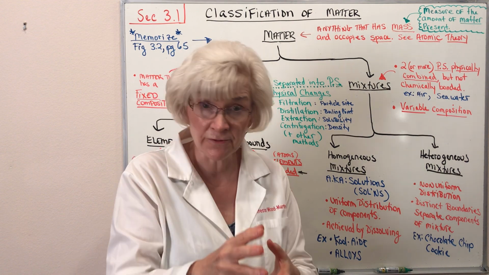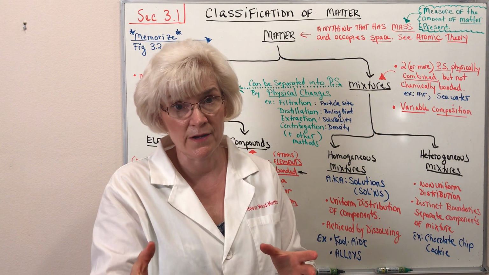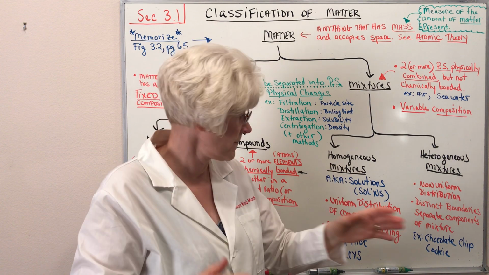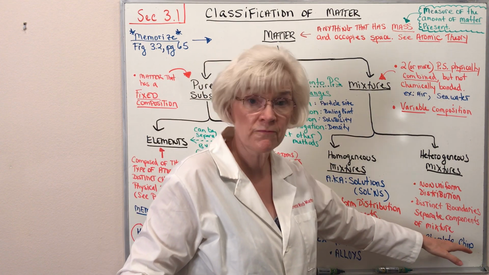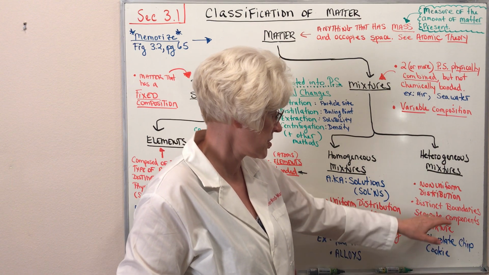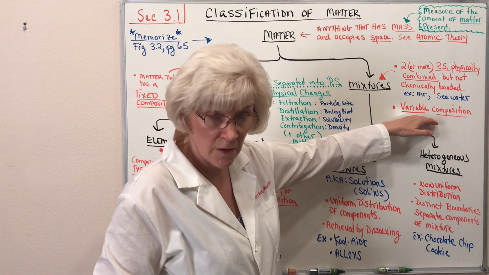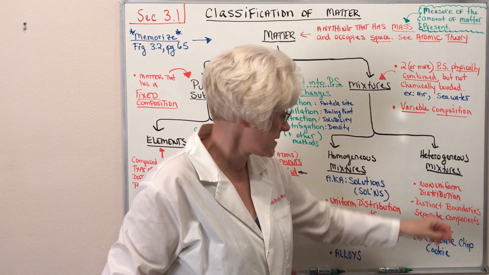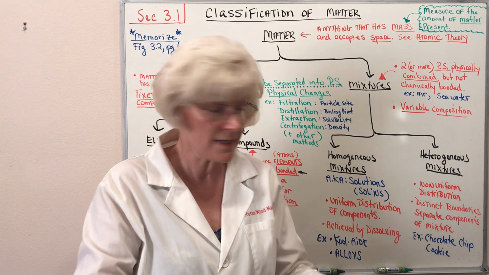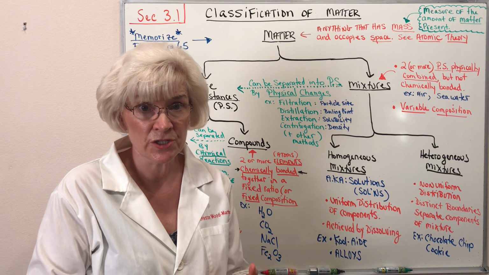They have a different color and a different composition than the cookie dough part. And there are phases, boundaries, better term, separating the chocolate chip part from the cookie part. So heterogeneous mixtures have non-uniform distribution, are of course also variable, and have distinct boundaries, in some instances just plain distinct physical phases of matter separating the components of the mixture.